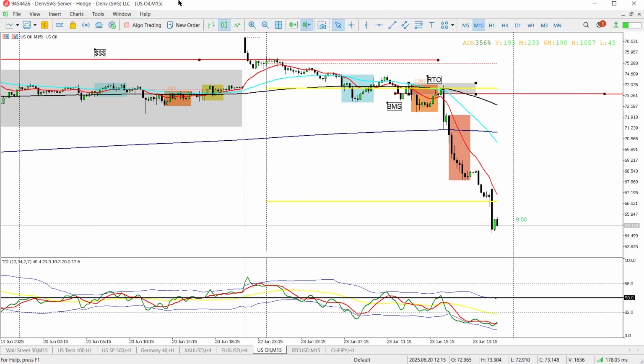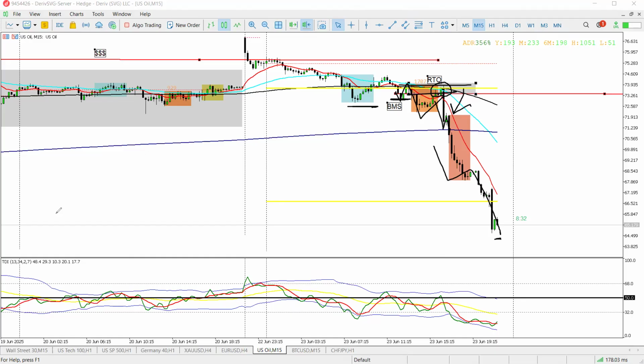So here, as you notice, most of my setups are happening within my trading times. So we had a BMS here, BMS here, price dropped, then retraced into the order block. Just as my first kill zone was about to end, price dropped and it continued to drop within the PM session and all the way up until now.